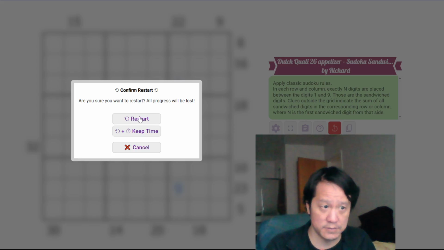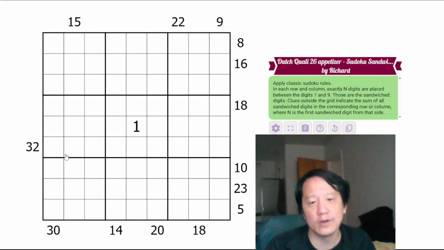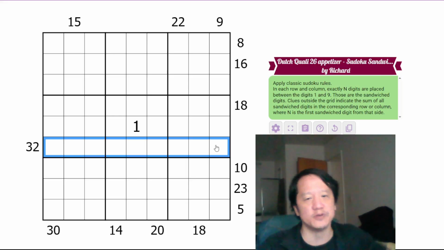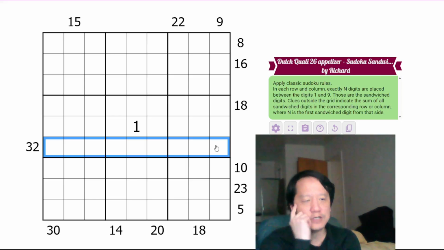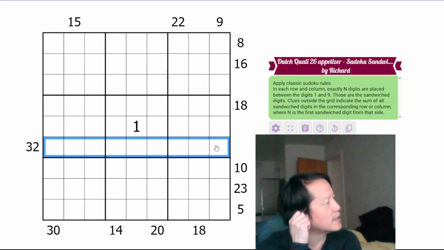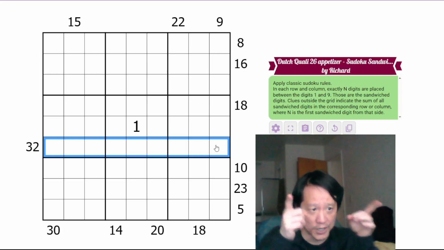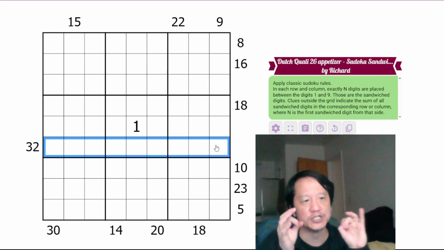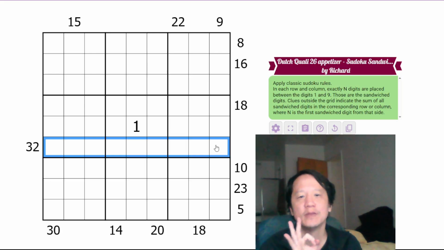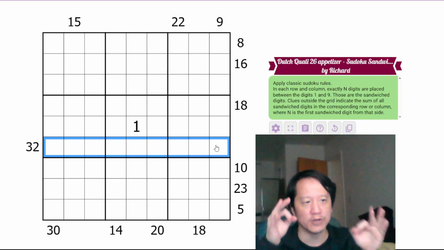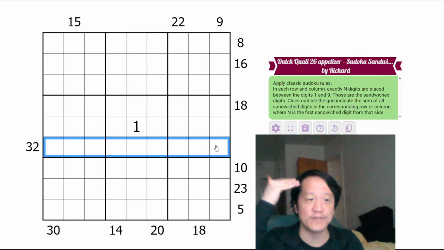Let's go. Okay, we have 32 is the most restrictive, because the only possible combination that can add up to 32 between a 1 and 9 is every digit except for the 3. Right? Because the digits in between, the digits not including 1 and 9, add up to 35 at most.